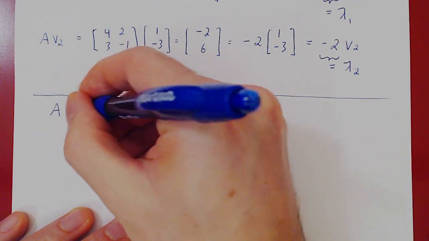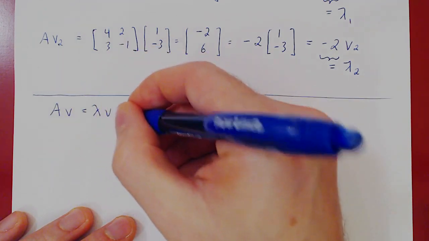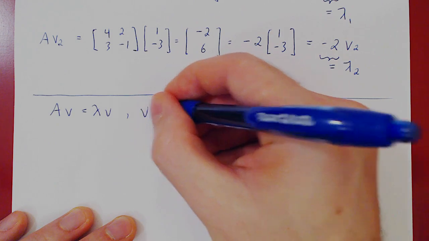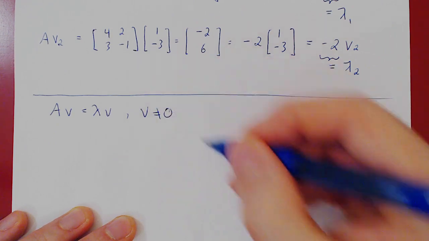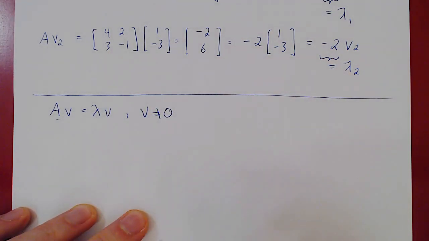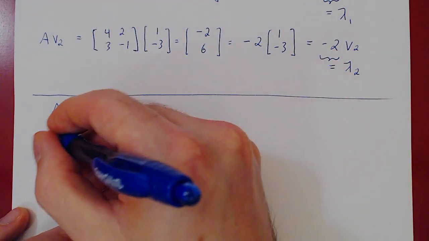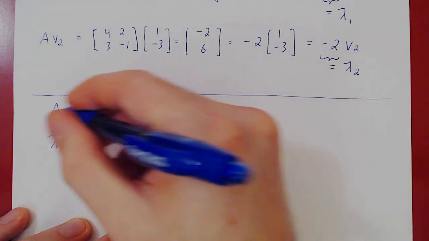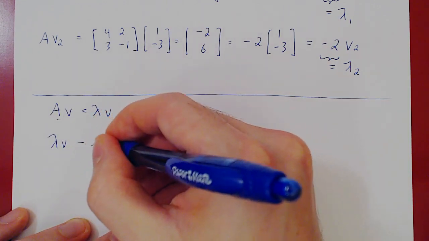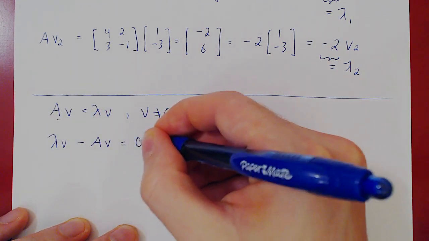A times v must equal lambda v, keeping in mind that v must be a non-zero column vector. Well, let's rearrange this. Subtract Av on both sides. Therefore, lambda v minus Av has to be the zero vector.